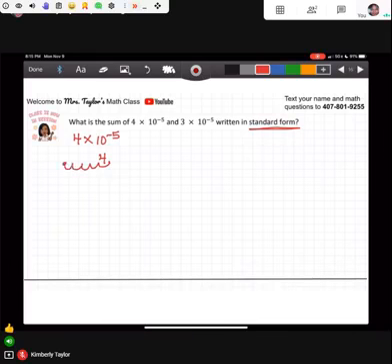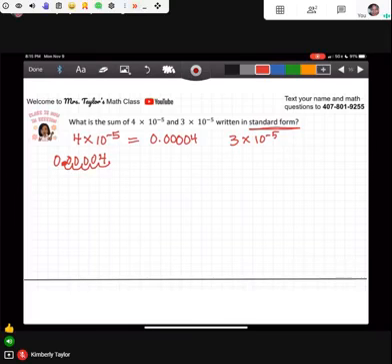This is where my decimal goes, and in empty spots, I'm going to put a 0. So this number as a decimal is 0.00004. So now let's do the other one. This is 3 times 10 to the negative 5th.